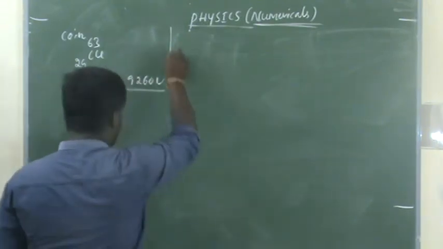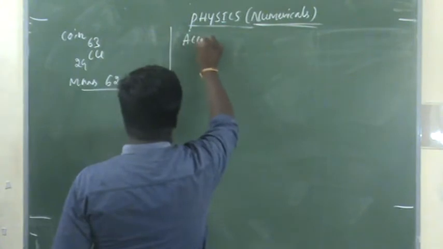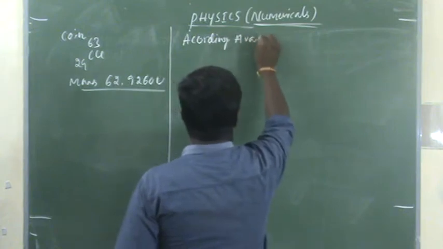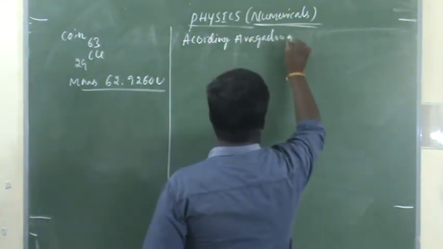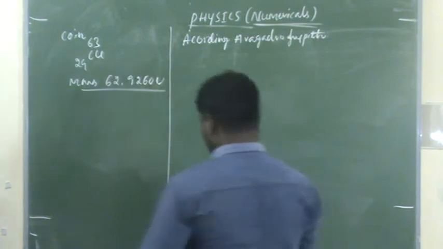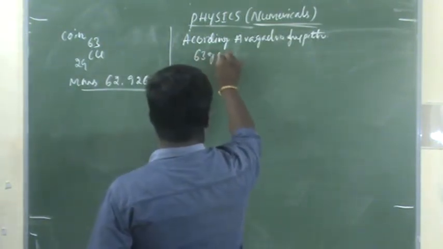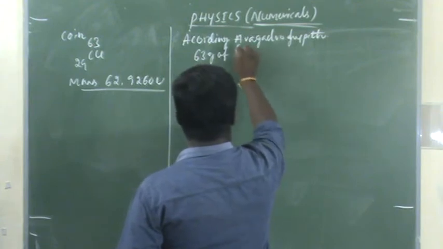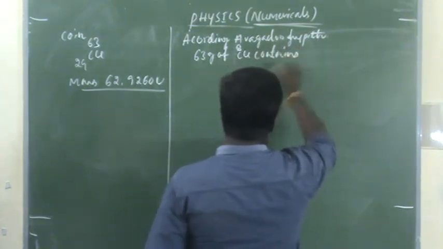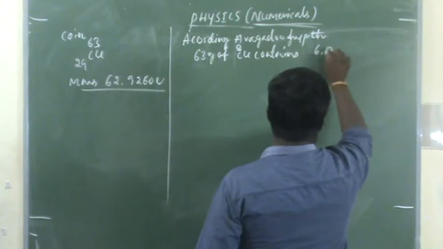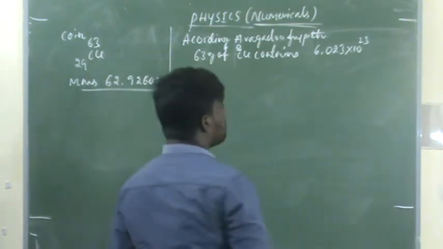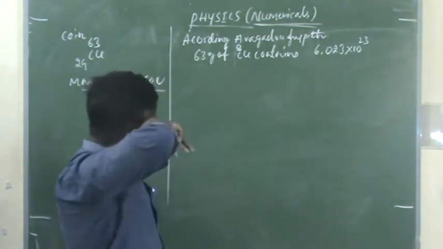According to the Avogadro hypothesis, 63 grams of copper contains 6.023 into 10 to the power of 23 atoms. This is the Avogadro number.